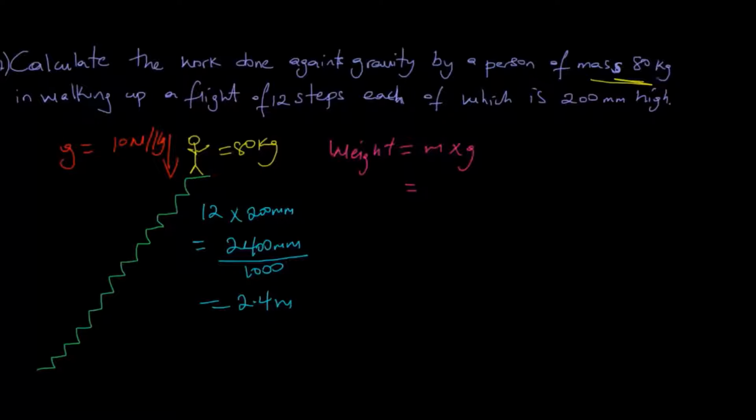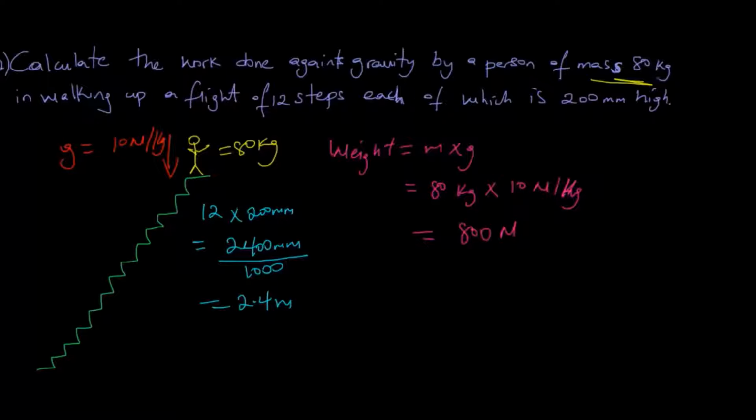And we know that weight is a force, so we expect to get a value in units of newtons. So the mass is 80 kilograms and the force of gravity is 10 newtons per kilogram. That works out to be 800 newtons.